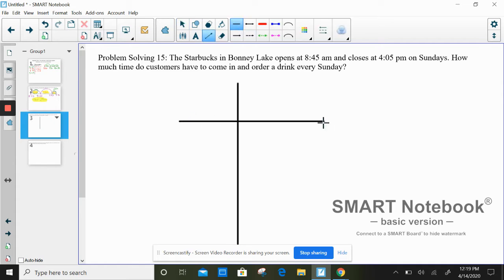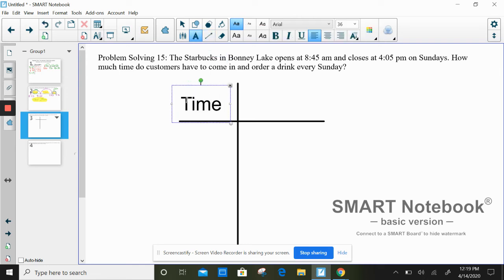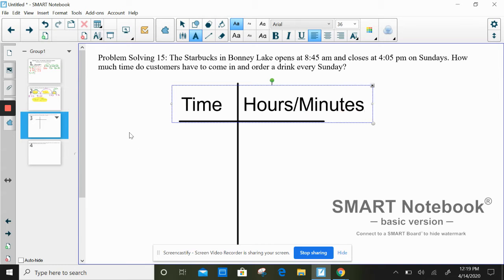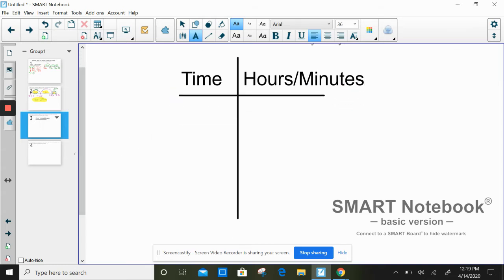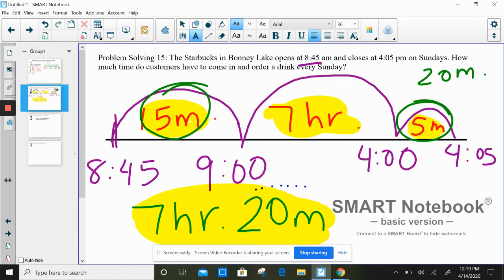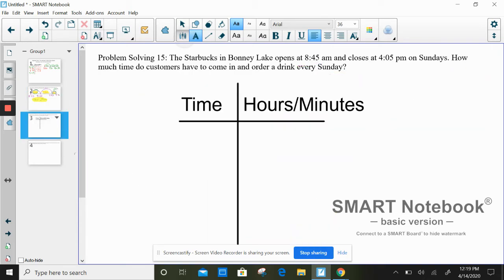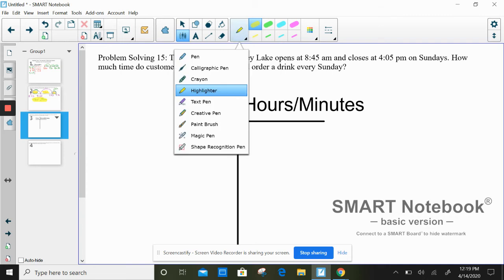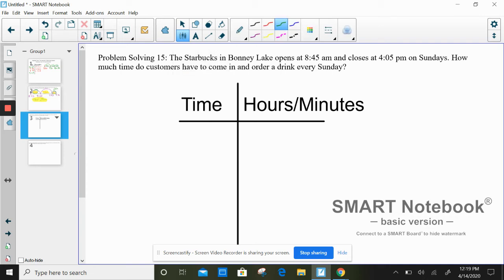I'm going to put my time on this side, and my hours and minutes on this side. So we are starting again, just like over here at 8:45. Okay, and I want to get to 4:05.